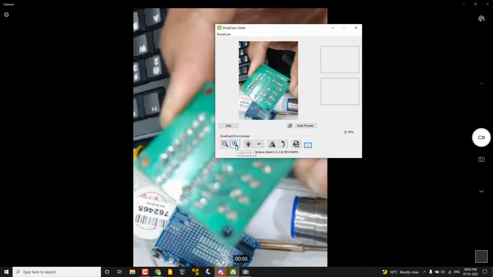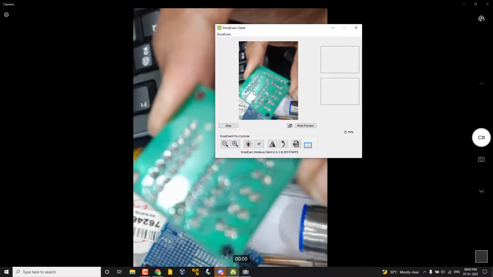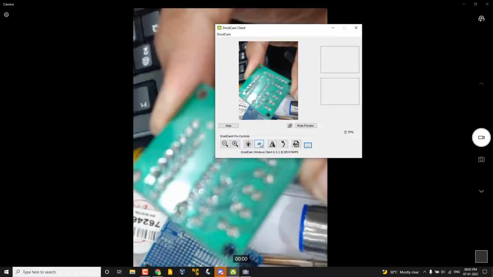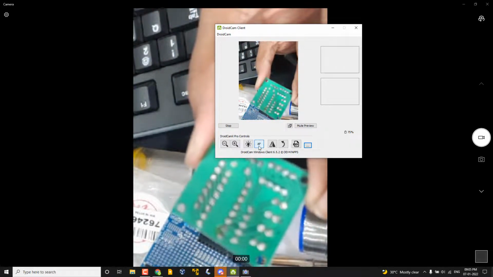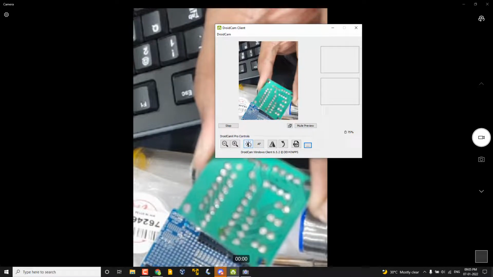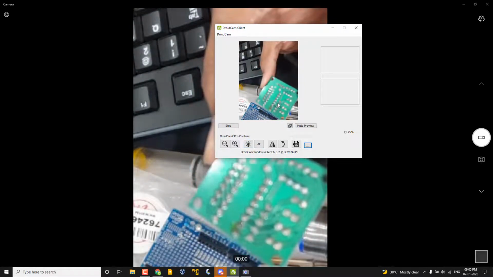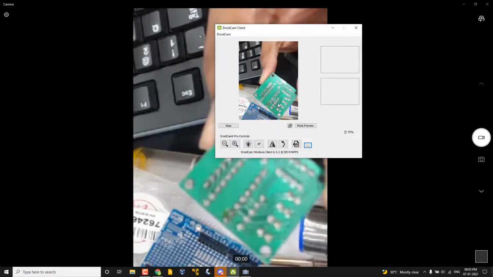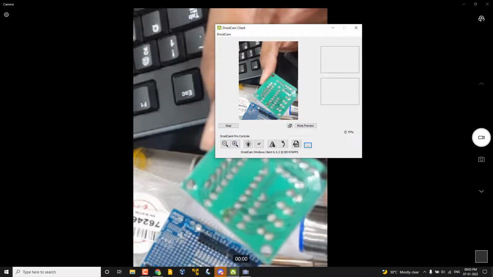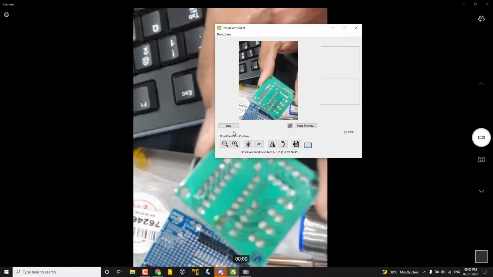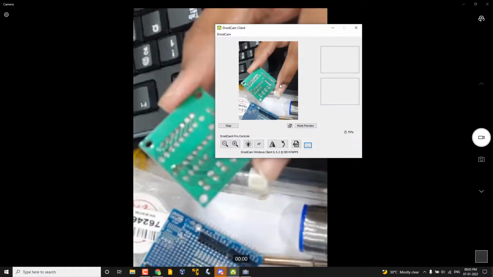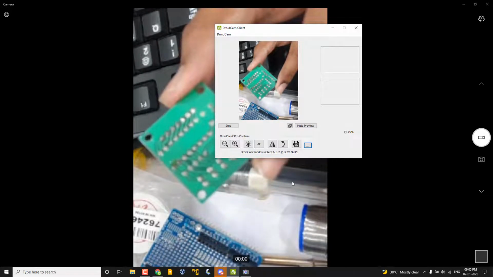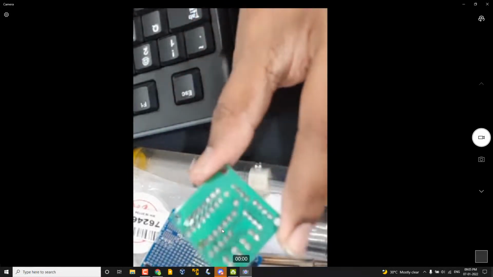Let me see. Let me try to focus, because this is a mobile camera and I can understand it's not very clear. Maybe I can show this tomorrow as well.